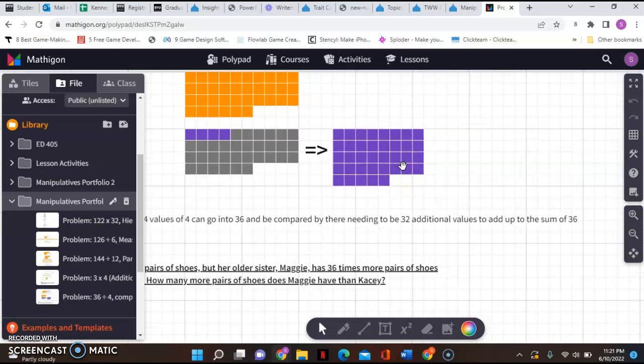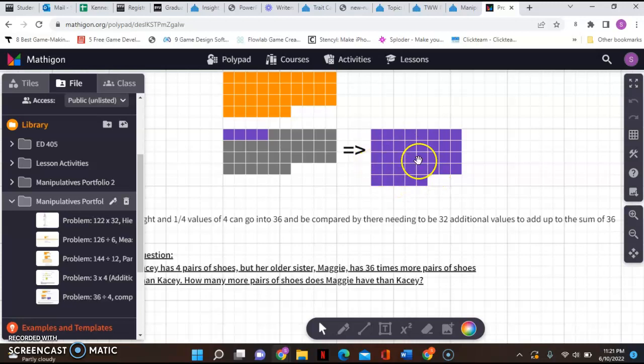And what that means is that there are 8 values of 4 that add up to 32, but we have additional values that have to go into solving this. And so, yes.